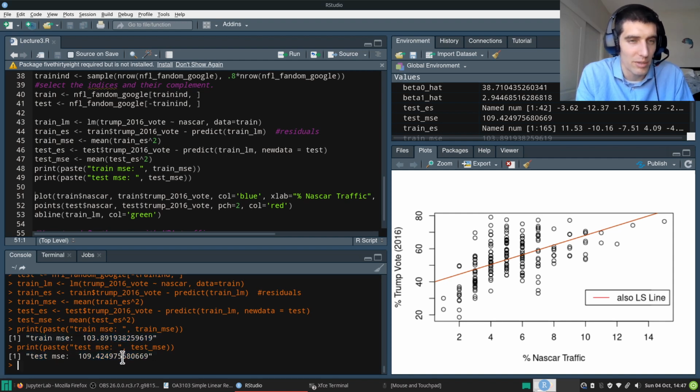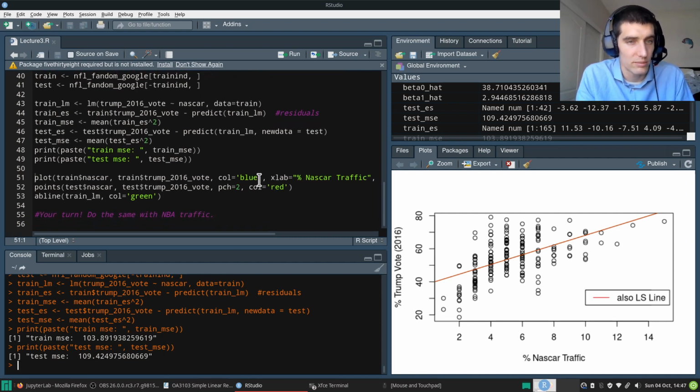In general, that might raise cause for concern, and we would ask: is your model too flexible and honing in on artifacts of the training set? For this model, we're not too concerned because it's a simple linear regression model, but in general, comparing training MSE and testing MSE, especially as you increase the flexibility of the model, is good practice.